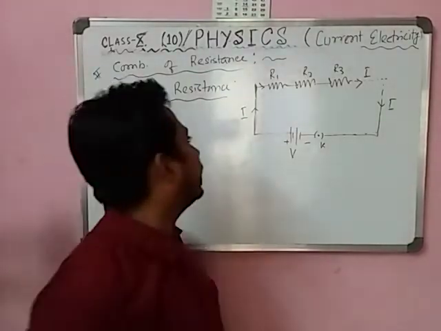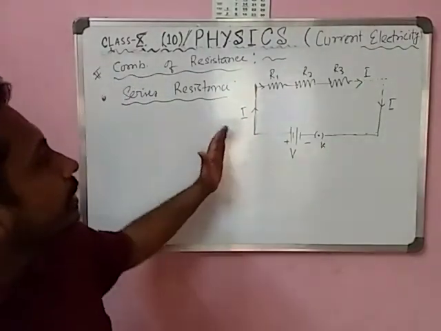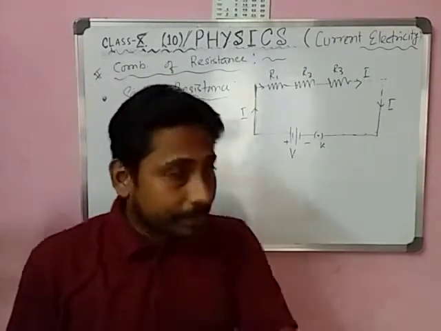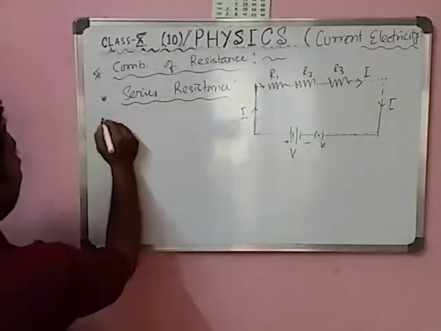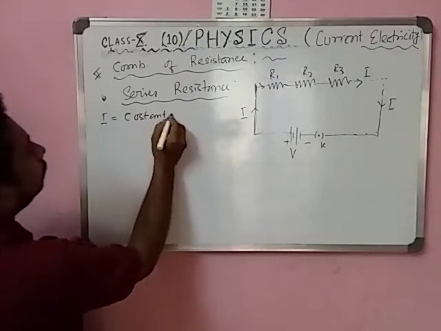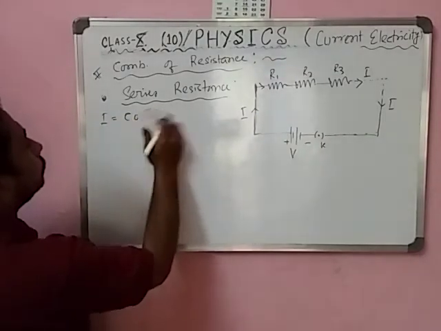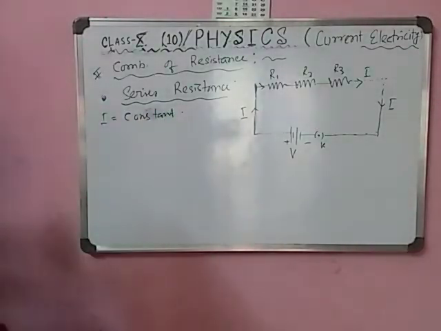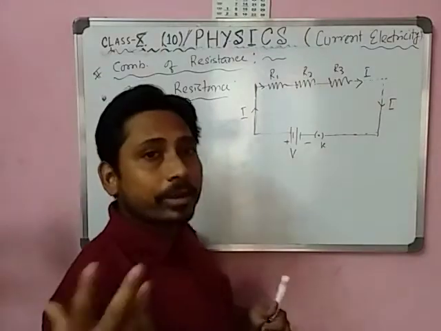Students, one more very important thing in series resistance combination: the current is constant. Remember, here in series, the current is constant, which means the same current passes through the wire. Why?